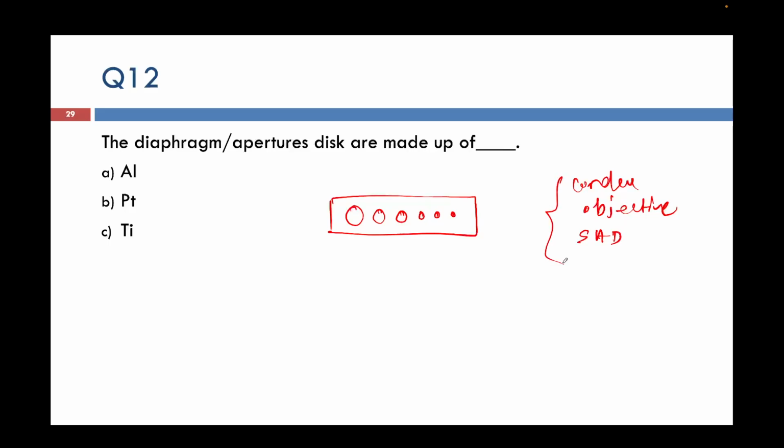Which material are they made of: aluminum, platinum or titanium? Remember, the aperture should be made of a material which is inert or non-reactive, because once it starts reacting with your electron beam, the result that you get will also be different. So platinum is the correct answer.